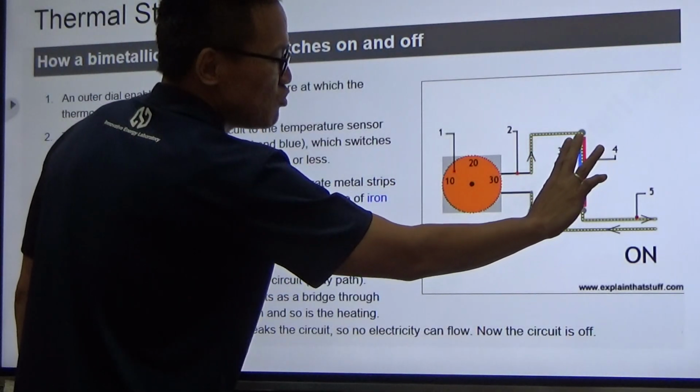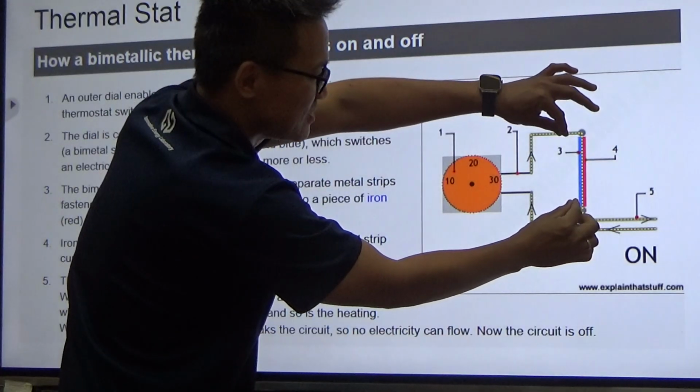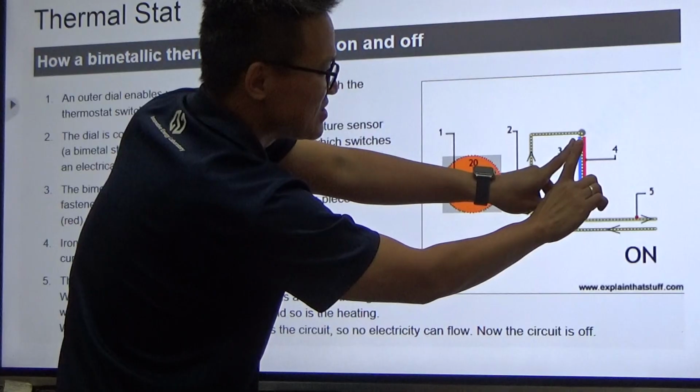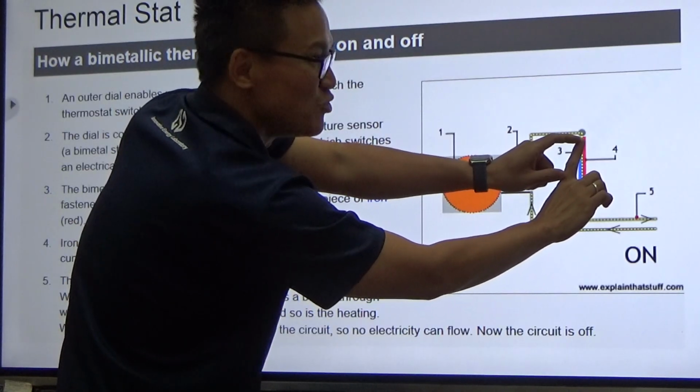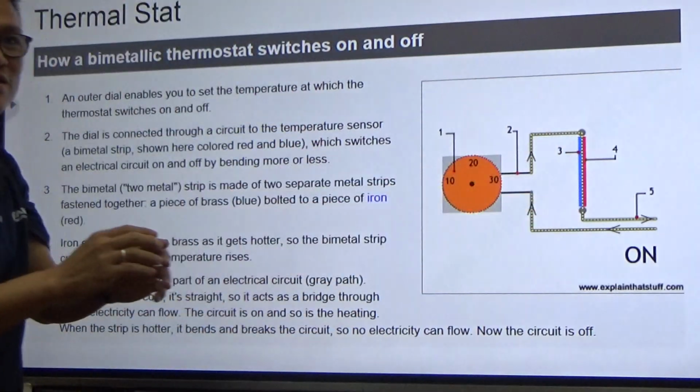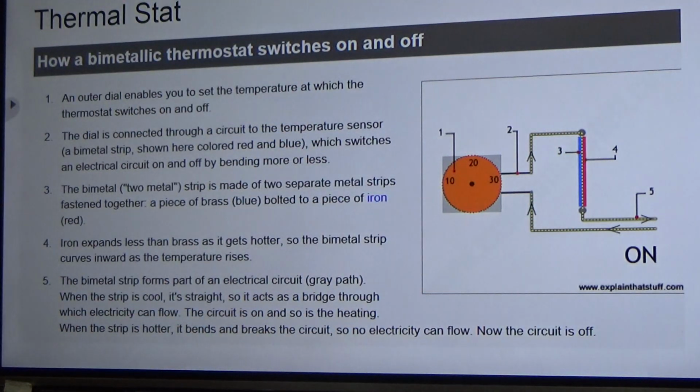If two metals are combined together and one metal is getting hot, you may think about extension, right? Heat will make extension. Cold will make shrinking.